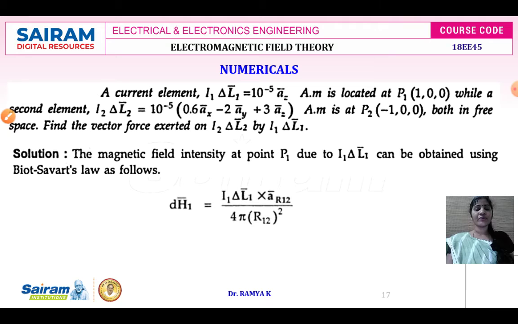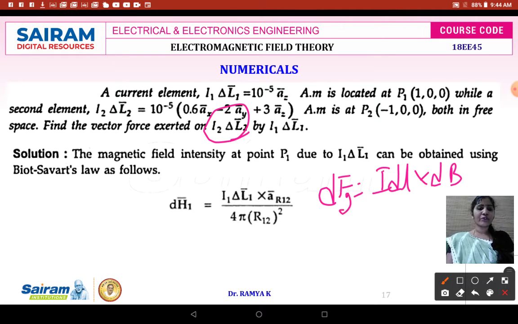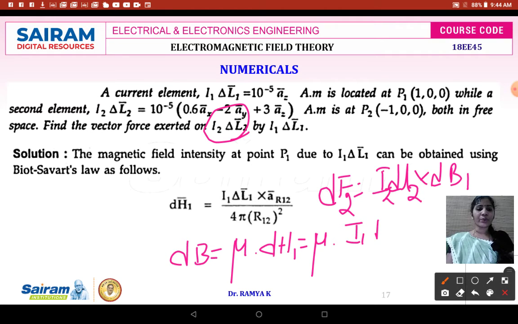dF is equal to I dl cross product with dB. I want to identify the force exerted at this place, so it is dF2, which is equal to I2 dl2 cross product with dB1. dB1 is equal to mu into dH1, and dH1 can be written as I1 dl1 divided by 4 pi.